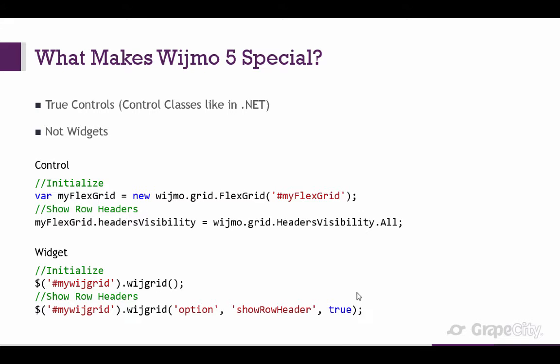Only you pass in three parameters. The first parameter is a string that just says option, and that means that you want to set a property or get a property. The next parameter is the actual property name, so show row header, and that's also a string. And then finally, the third is the actual value you want to set it to. So in this instance, we're setting show row header equal to true.